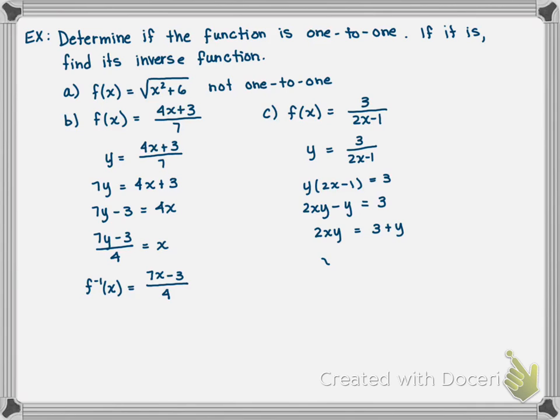So we get x equals 3 plus y divided by 2y. And so f inverse of x equals 3 plus x over 2x. Any questions on that one?